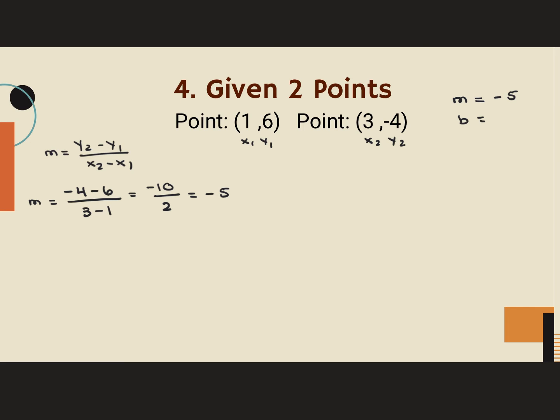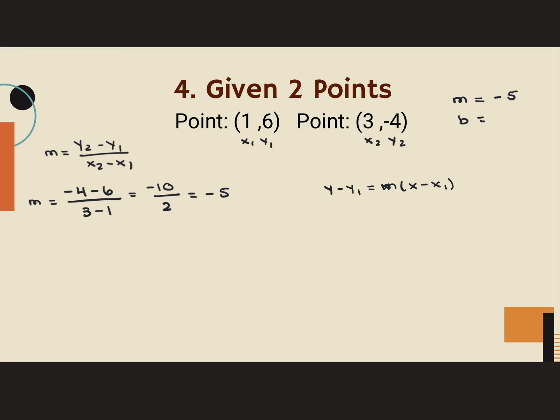All right, so I'm just going to pick the first point, which is 1, 6. So again, we found our slope is -5. Now we're going to use our point slope formula, which is y minus y1 is equal to m times x minus x1.